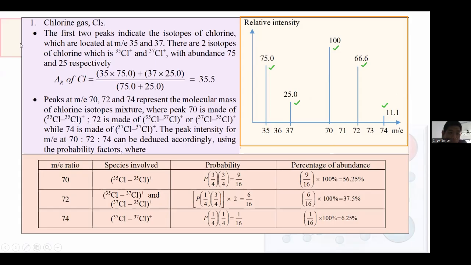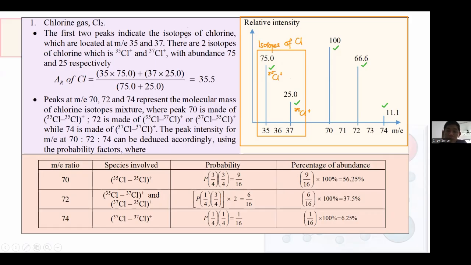So let's start off with how to calculate the relative atomic mass of the chlorine. The first two peaks are the isotopes of the chlorine, where you have 35Cl plus and also 37Cl plus with the abundance 75 and 25 respectively.